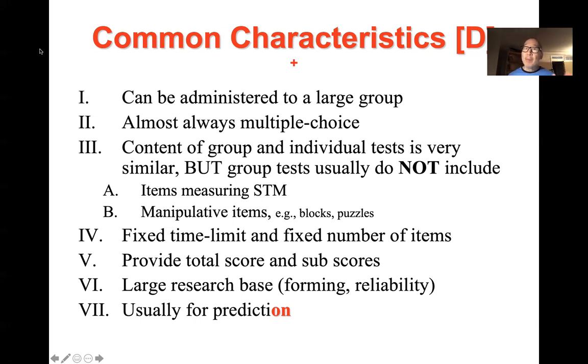Okay. But because of that, there are limitations in terms of what the group administered tests of mental ability can measure. Because they are multiple choice, there are a number of tasks that you can't do, and ergo a lot of abilities you can't measure. For example, you can't measure things such as short-term memory, which requires the examiner to read off certain items and the examinee to recall them, with the examiner scoring what's remembered accurately.